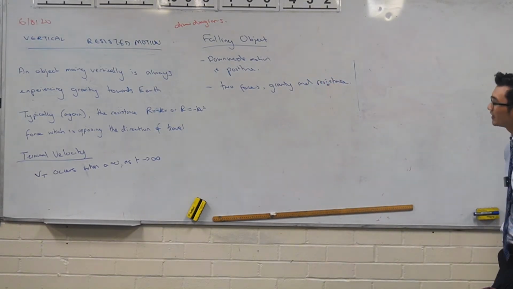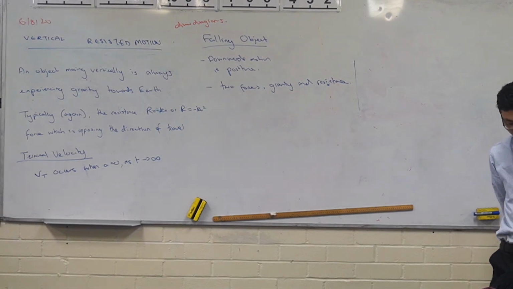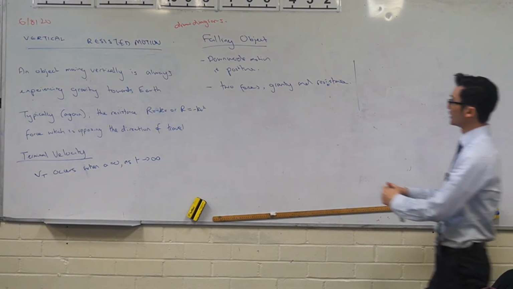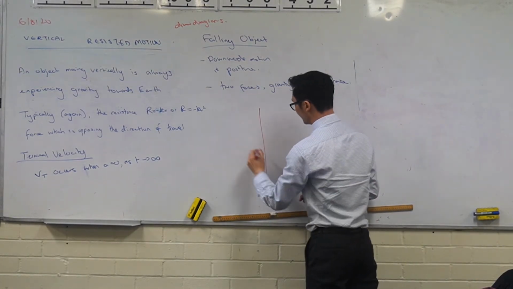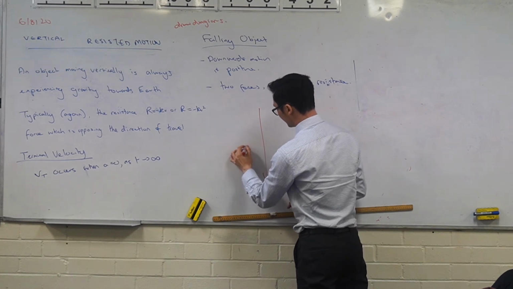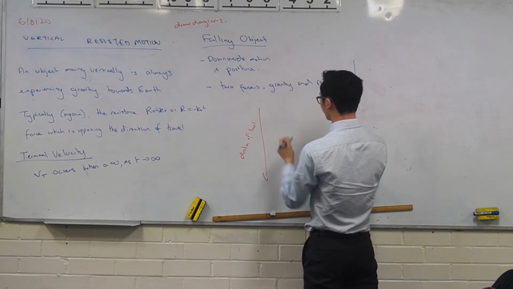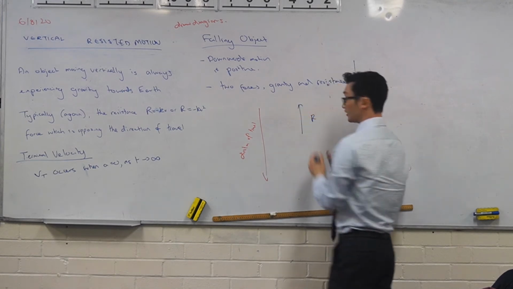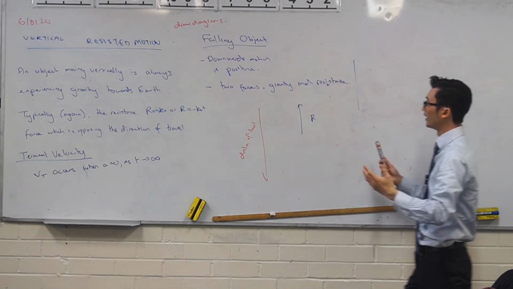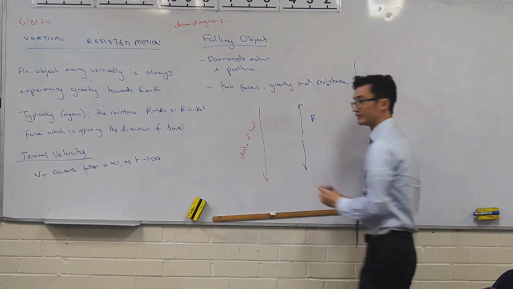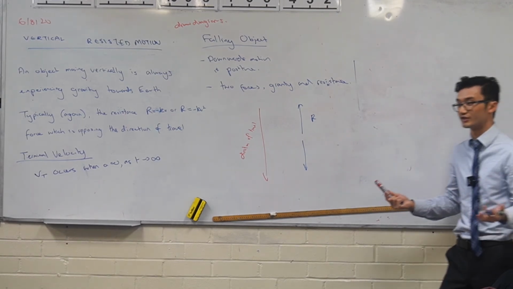In this case, and this is why I want you to draw the diagram, when you think about the direction of travel, if I have this object here, so this is the direction of travel, the resistance is now going up, right? But what's happening with my gravity effect? Well, it's actually going to be contributing to the direction of travel, right?